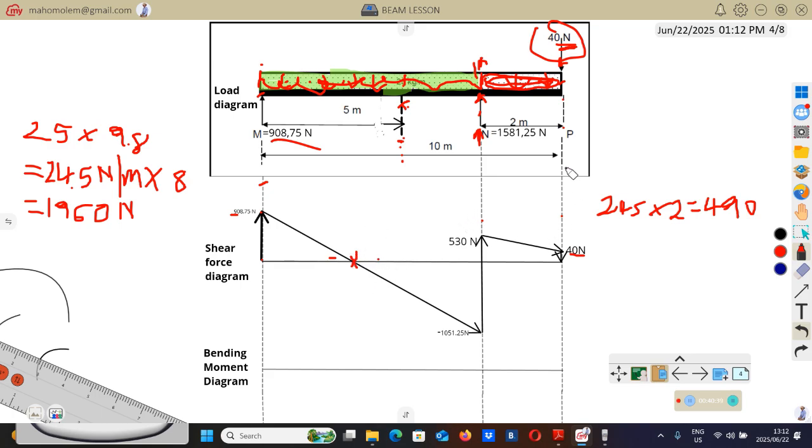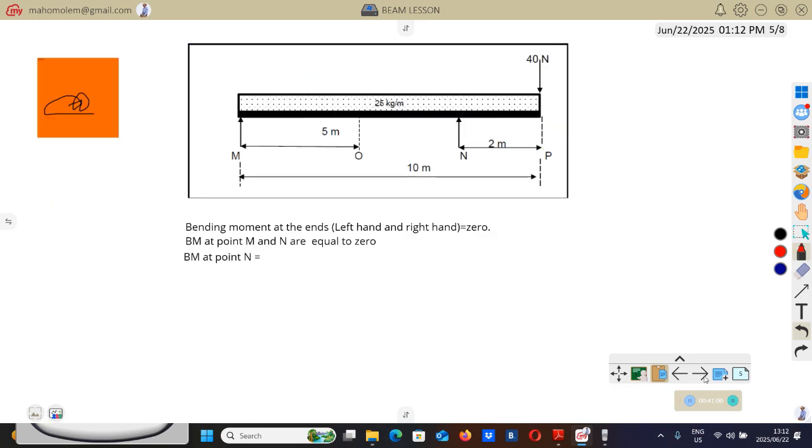So we still have this point here, and there we still have point loads. We can still consider them as principal points, but the bending moment at those points will be zero. So as I've written here, the bending moment at the left hand end and at the right hand end is zero.